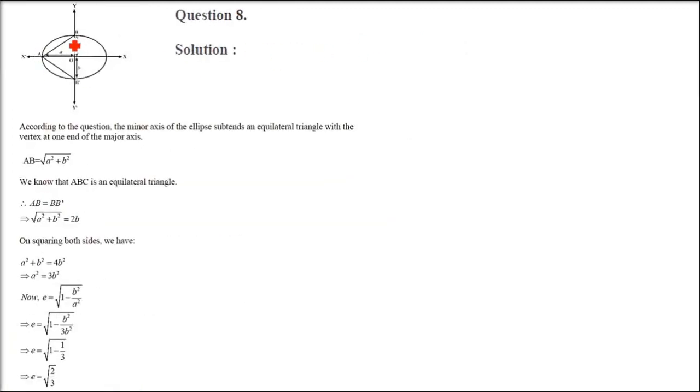I'm taking this triangle AOB. So this is the semi-major axis a, this is the semi-minor axis which is b. So what will be the hypotenuse, which is also the side of the triangle? This length will be equal to 2b, because this is an equilateral triangle. AB will be equal to BB dash equal to AB dash. So under root a square plus b square equals AB.